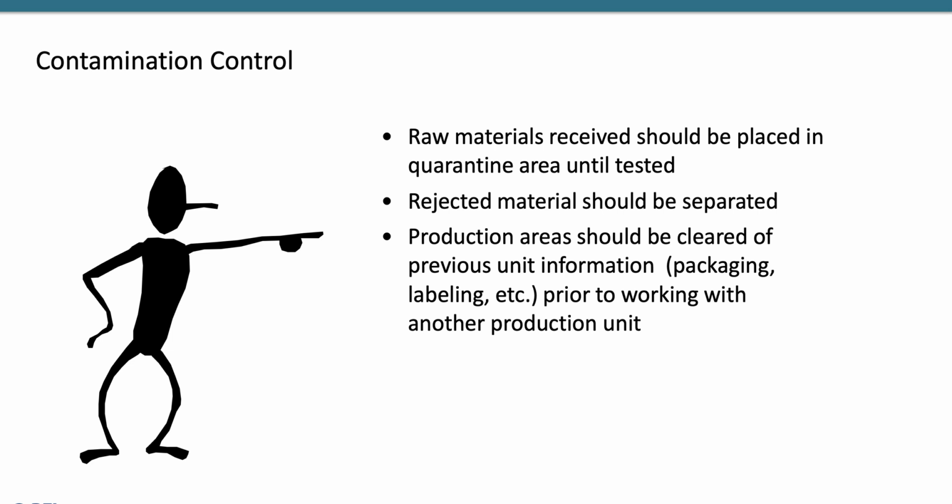The rejected materials are separated, and the production areas where we do our assemblies are cleared of previous unit information. No packaging, no labeling, nothing. This space is supposed to be clean and prepared for specific production unit assembly.